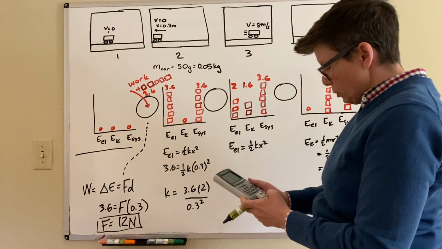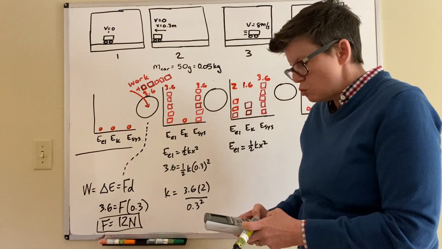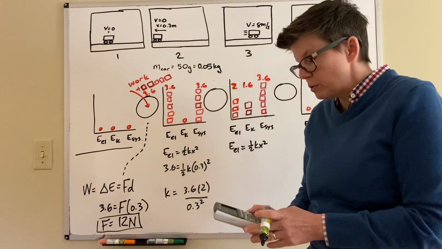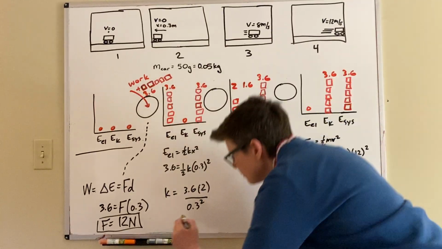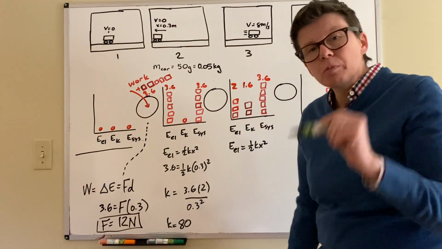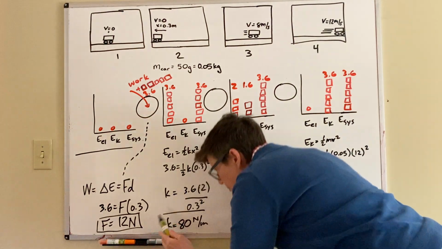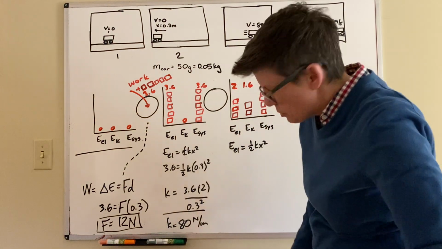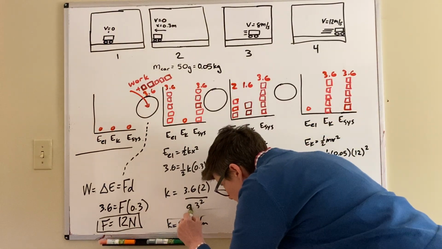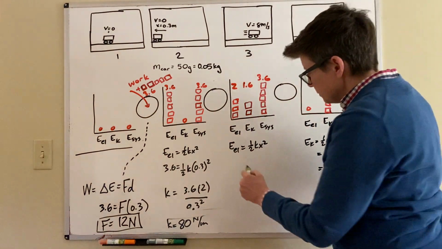Okay, let's do that real quick. 3.6 times 2 divided by 0.3 squared. I get 80. Units of K, newtons per meter. Oh, that's not technically a question. I'll need a box around that. K is 80 newtons per meter. We're going to bring that up here.